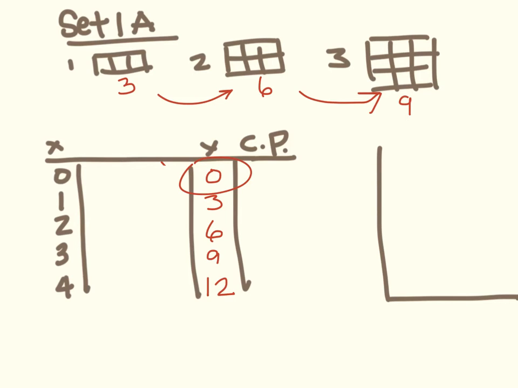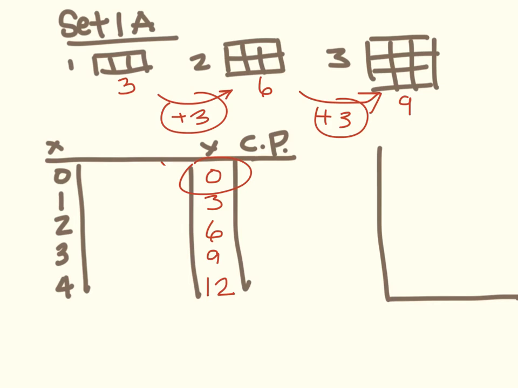Got this 0, and I've got this 3 here, this positive 3. So what am I going to do with 0 and 3 to get from 1 to 3? Well, if I add 3, I'm going to get 4, not 3. So why not multiply? If I multiply 3 times 1, I get 3. If I multiply 3 times 2, I get 6. 3 times 3, 9. 4 times 3, 12. So there we go. I found my formula.